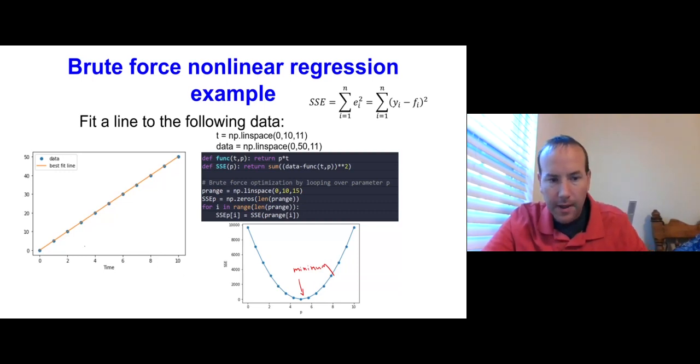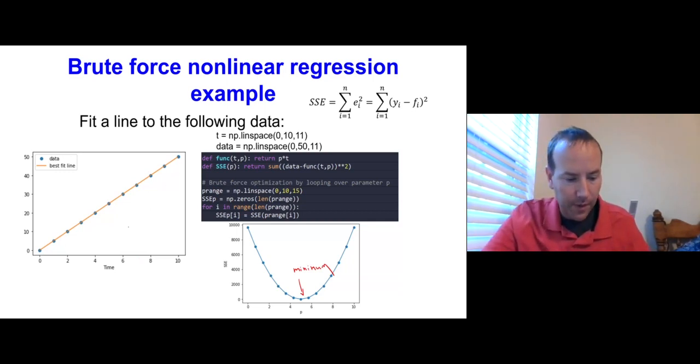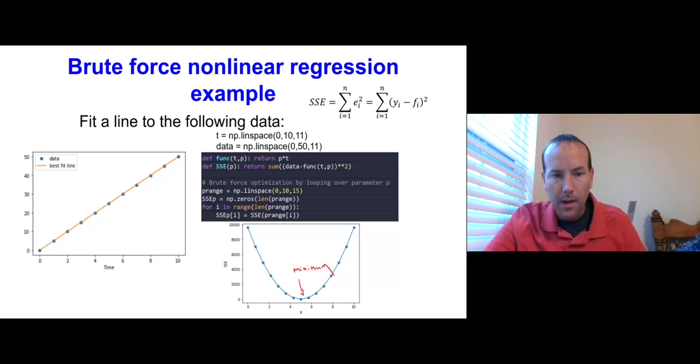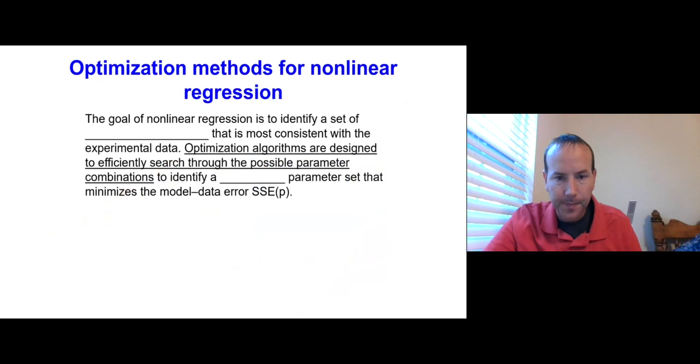Then if you plug p equals 5 into the line, you find that you indeed fit the data very well. And so that's a brute force minimization. I'll be providing this code for you, so you can get a better handle on that on your own time. So that's one approach, brute force.